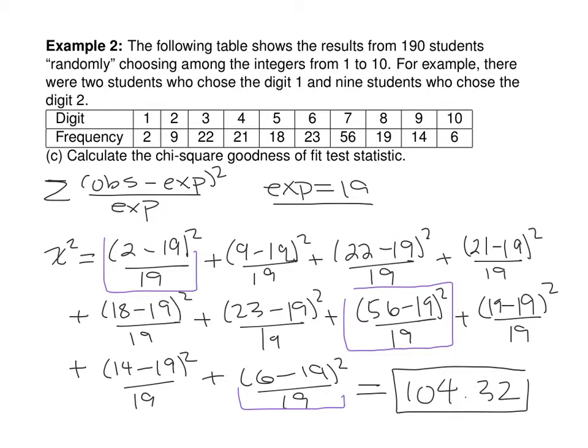Those are the biggest contributors and the ones that are the most different than normal. You can see that 23, 4, 5, 6, 8, and 9 are kind of 19-ish, but the 2, the 9, the 56, and the 6 are pretty far from what you would expect. So it seems as if 7 is a lot more likely to be chosen, and 1, 2, and 10, 1 in particular, is a lot less likely to be chosen.